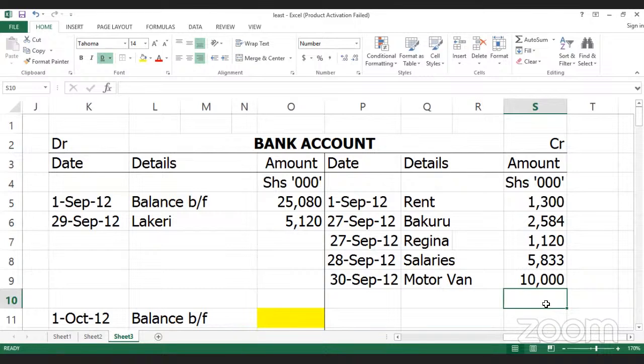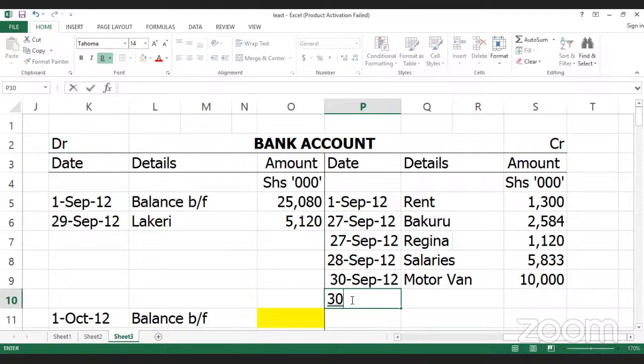I think the debit side is bigger than the credit side. Thank you. So we have to insert a balancing figure on the smaller side to make both sides equal. That is at the end of the month.